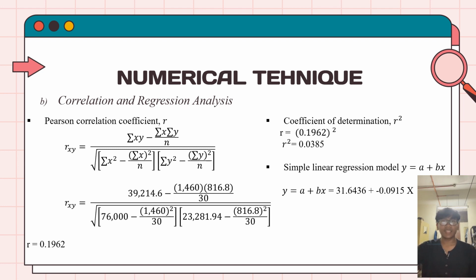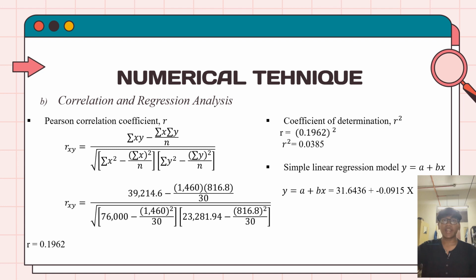Additionally, a simple linear regression model is constructed, where y equals 31.6439 minus 0.0915x, where y represents BMI and x represents HDL.